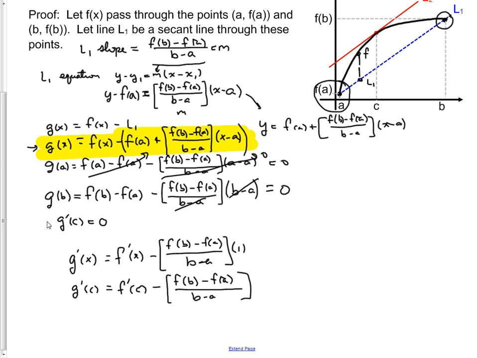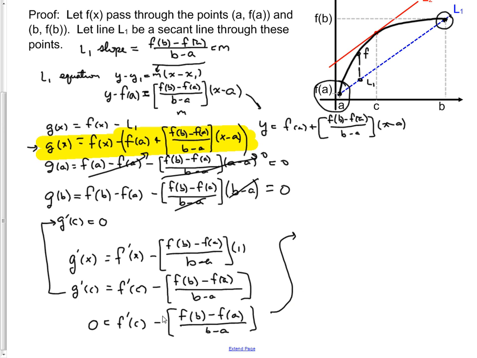But remember, we said that Rolle's theorem implied that we have a point that makes g prime of c equal to 0, so 0 is equal to all of this above. And therefore, if we were to set one equal to the other, just add f prime of c to both sides, we would find that f prime of c is indeed equal to f of b minus f of a all over b minus a.